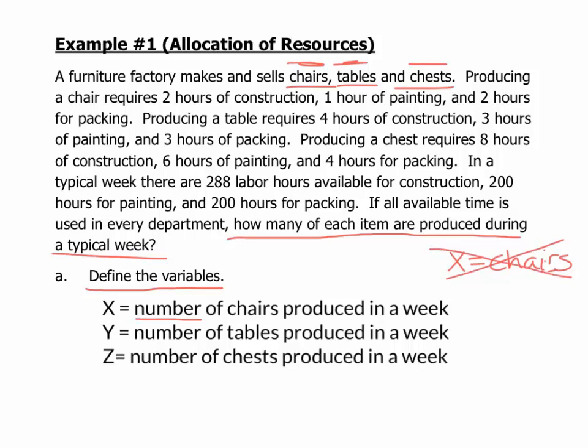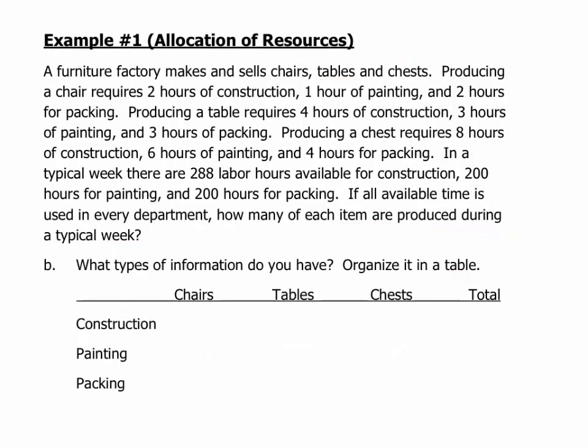It's not specific enough. Next, we're going to look at the different types of information we have, and we're going to organize this into a table. On our table, we're going to make the columns go with our variables. So our chairs were our x, our tables were our y, our chests were our z, and then we usually have a total.